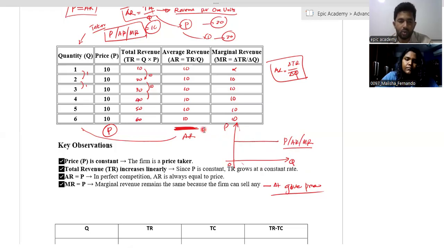But the industry demand curve and the firm demand curve are different.